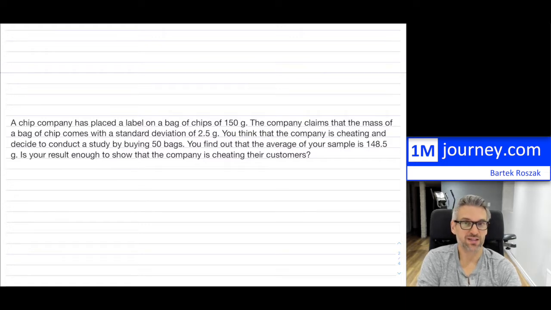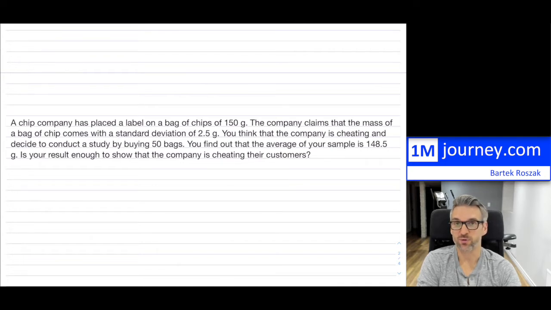Now, is your result enough to show that the company is cheating their customers? So this is the type of hypothesis testing that we want to be able to do. We want to take the original hypothesis of the company. So let's say that the mean they're claiming is 150 grams, with a standard deviation of 2.5 grams. That's their original hypothesis. And we want to state a new hypothesis. So we want to say, well, we believe that actually the bags are less than 150 grams.